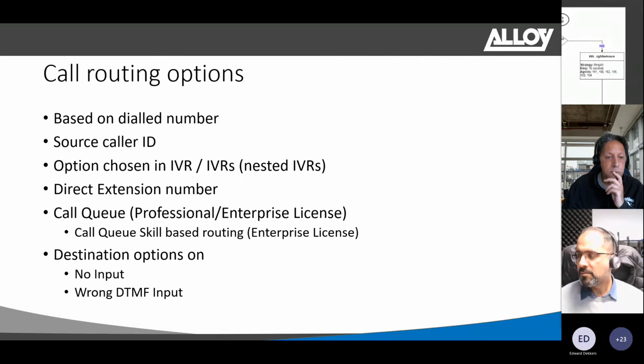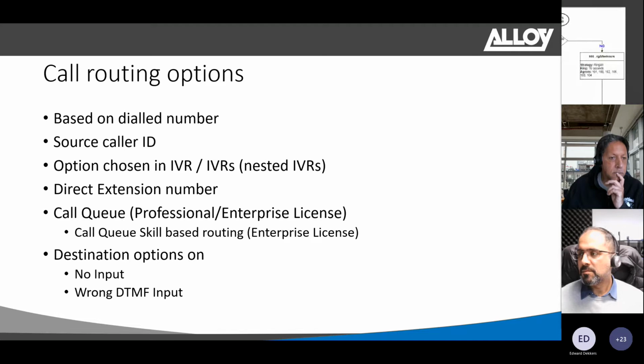Call routing options in general: we can route the people based on the dialed number. So what the caller enters into his phone when he dials the company, based on that number, it can reach an IVR. We can do that based on source caller ID.